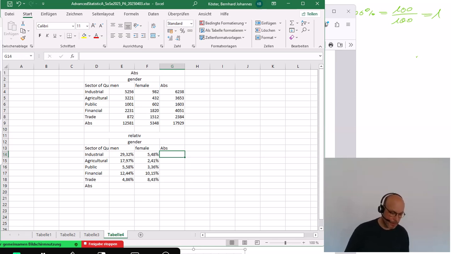Yep. What do you want to do here? What is the probability to have an overall, no matter if I'm woman or man, a qualification in the industrial sector? It is 29.32 plus 5.